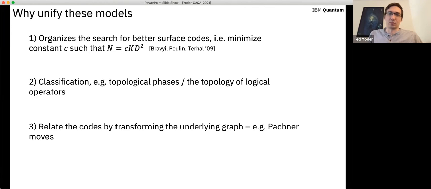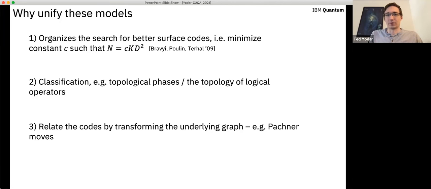There's this Bravyi-Poulin-Terhal bound, which says that in 2 dimensions, you can't do better than n being proportional to kd squared, but you can improve that constant c. So if we have some formalism for surface codes, we can search through the codes for a better constant c.